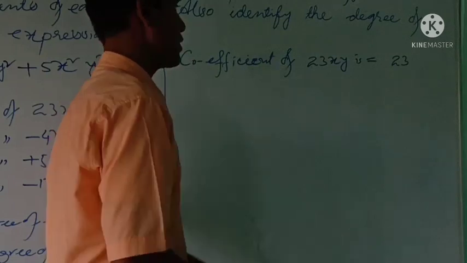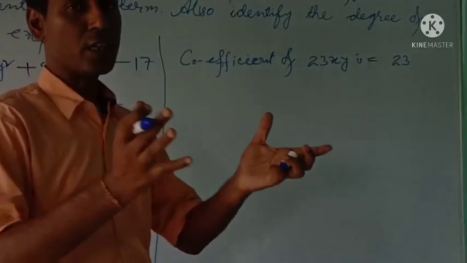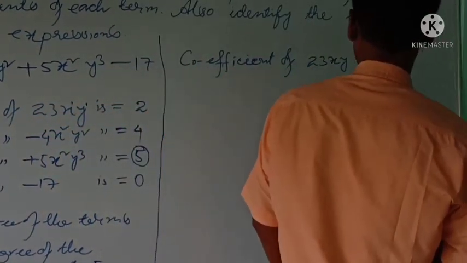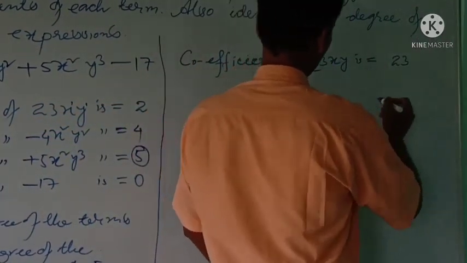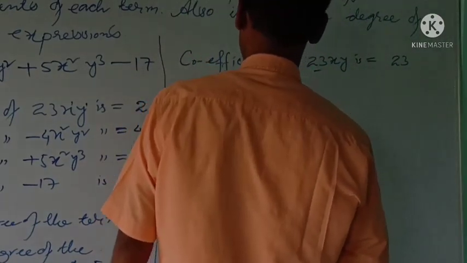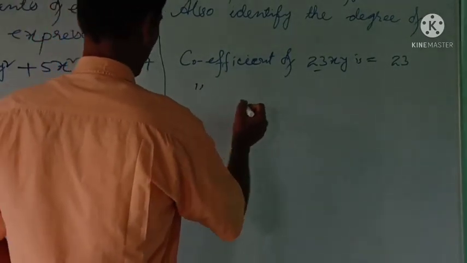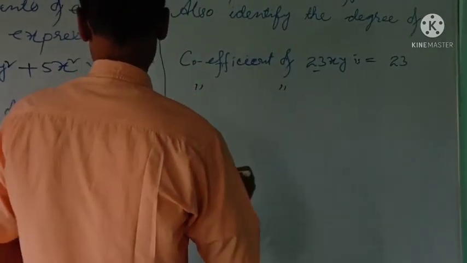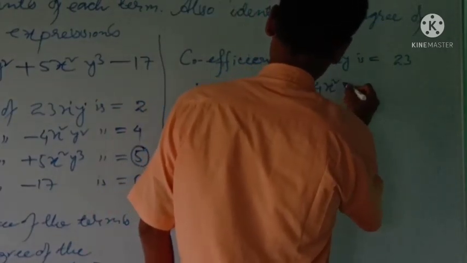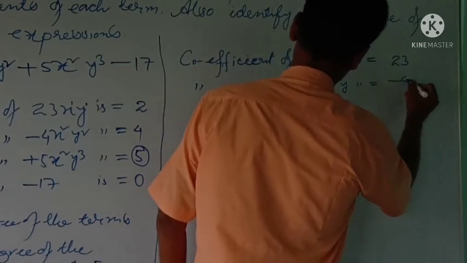But here our question is the coefficient of the complete term, and the coefficient of the entire term is always the numeric coefficient. Here the numeric coefficient is 23, so this 23 will be considered as the coefficient of the term. Similarly, coefficient of minus 4x square y square is minus 4.